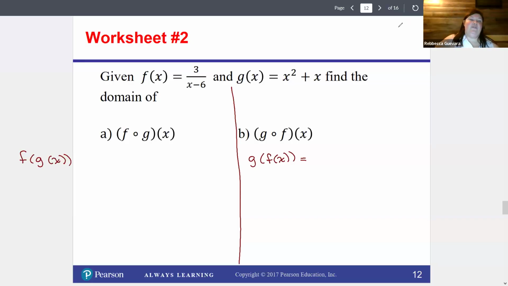Okay, so we have the functions. F is 3 over x minus 6, and g is x squared plus x. So for A, we're putting g on the inside because we're looking at F composed of g.